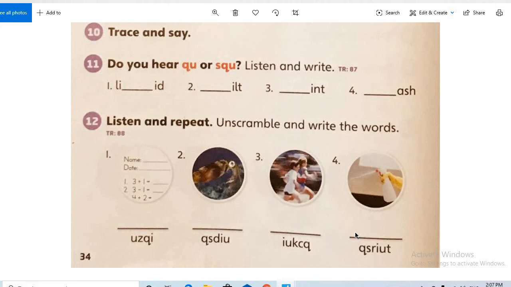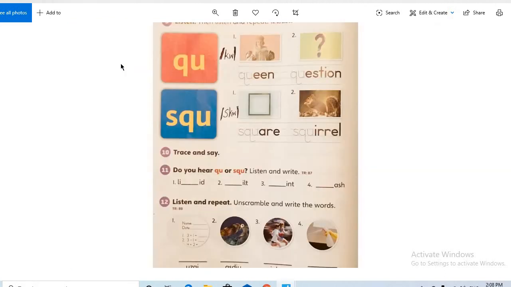Look at the picture from the beginning of this lesson. Number 1, which word names a shape? Write the answer.